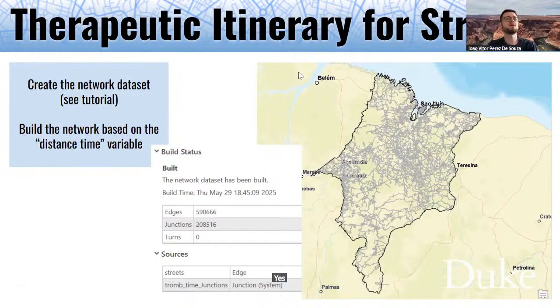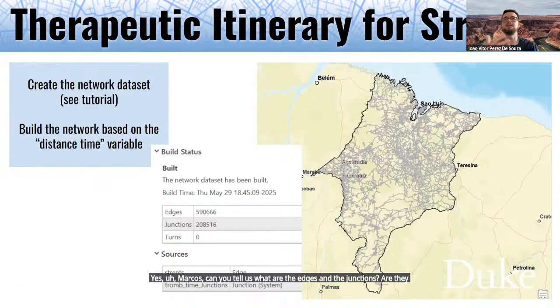Yes, Marcos, can you tell us what the edges and the junctions are? Are they streets? Are they stop signs?